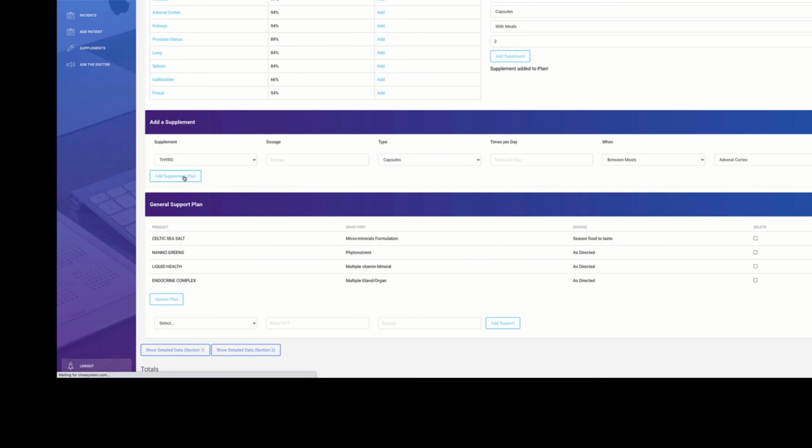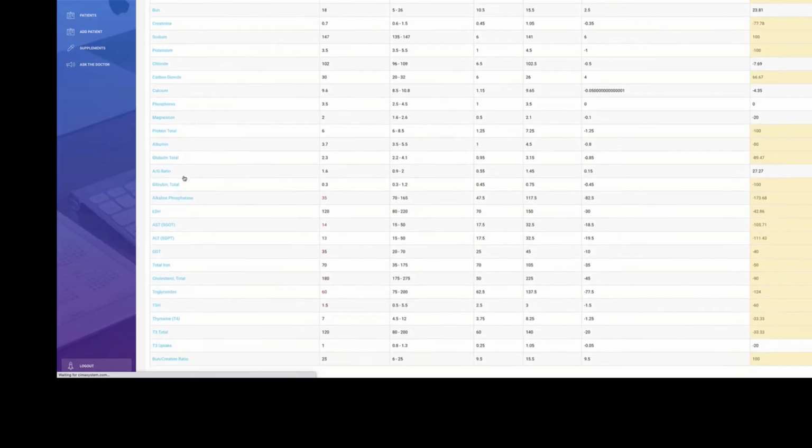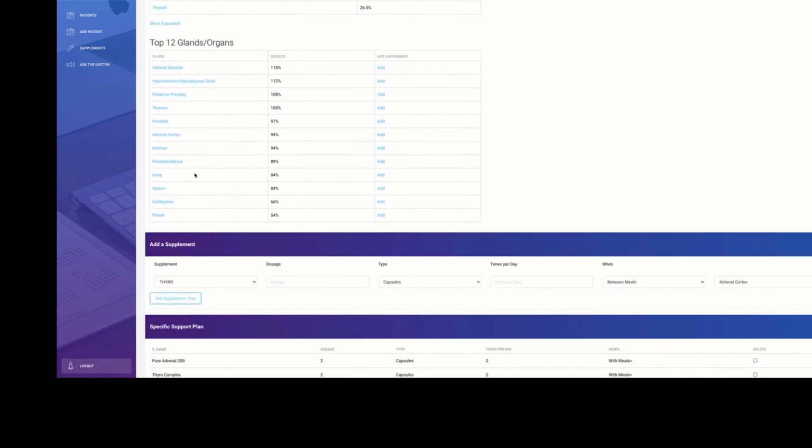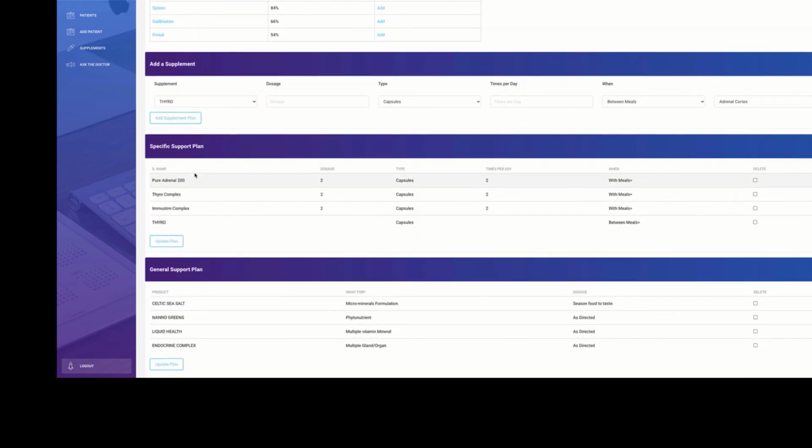And you'll know that this is complete because it'll send you back up to the top of the page. And you just scroll down, and you see the supplements that I had recommended so far.